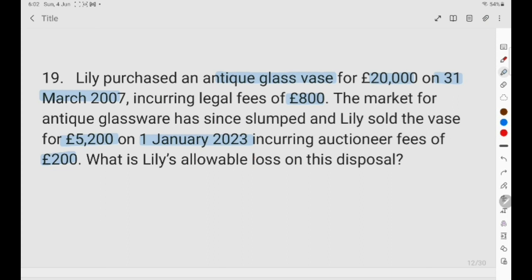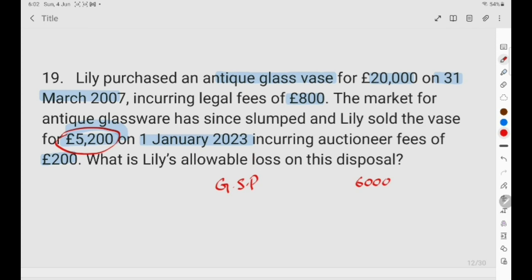So first we have to calculate the net sale proceed, and remember if your selling price is less than 6,000, it will be considered 6,000. So gross sale proceed is considered to be 6,000. Remember the rule that if your sale proceed is less than 6,000, you will consider it as 6,000.